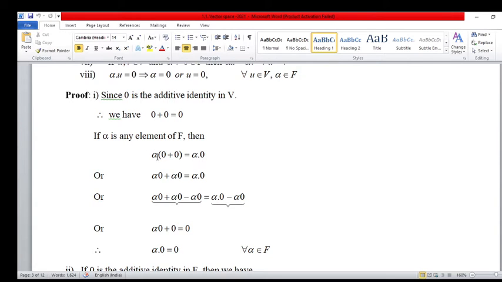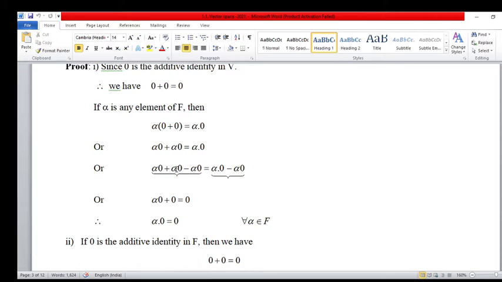Here multiplication, this is the distributive law: alpha into 0 plus alpha into 0 is equal to alpha into 0. Now alpha into 0 minus alpha into 0 is equal to alpha into 0 minus alpha into 0. What happened here? This is alpha 0, subtract from both sides.